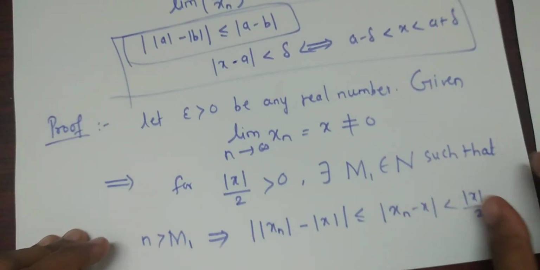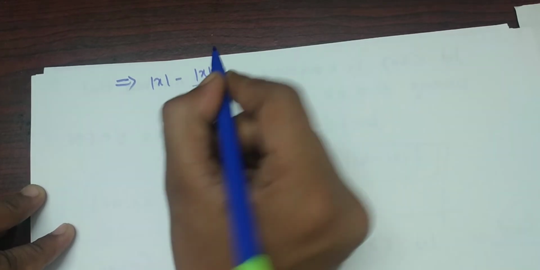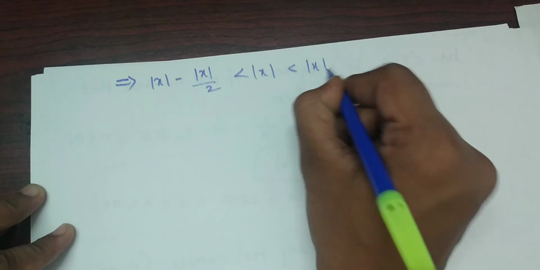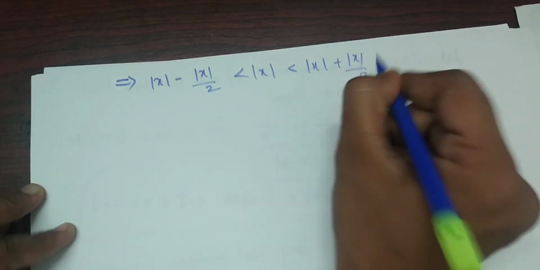So we can say this implies mod x minus mod x by 2 is less than mod xn is less than mod x plus mod x by 2.